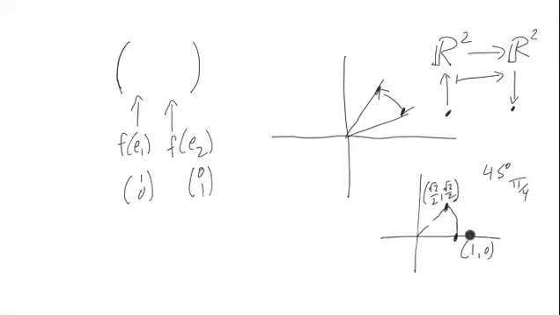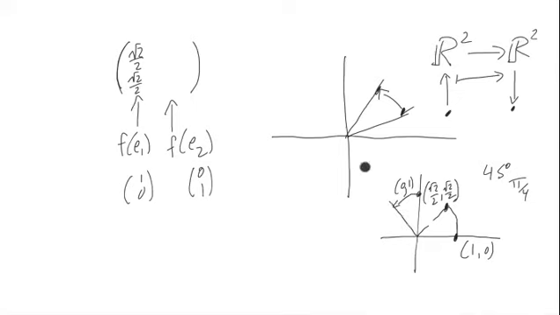Okay, so (1, 0) will take us there. That means that the image of E1 is simply (root 2 over 2, root 2 over 2). And we're almost done with our matrix. We just need to know the image of E2. So we go up to (0, 1), and where is it going to travel under the same rotation?